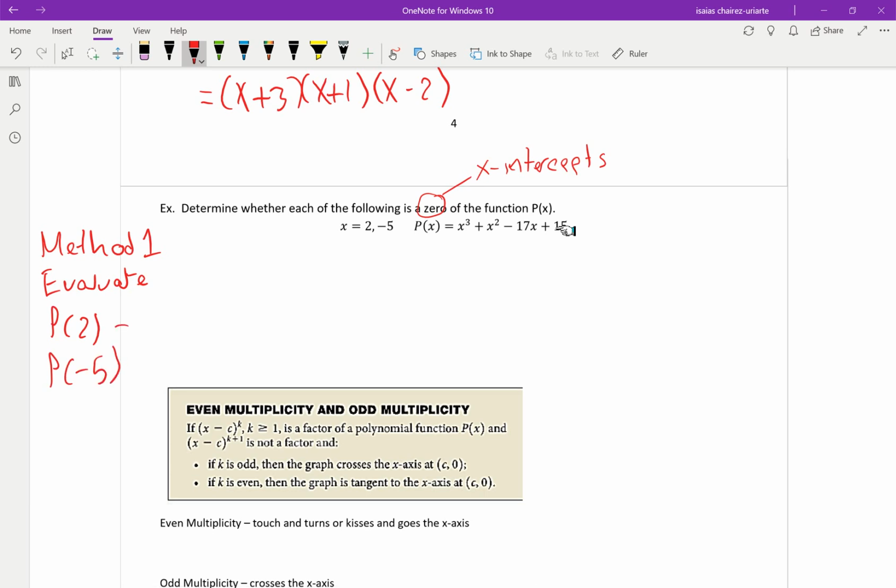If p of 2 happens to be equal to 0, then 2 is an x-intercept. If p of negative 5 happens to be equal to 0, then negative 5 is an x-intercept. I can do this by doing some arithmetic, replacing all of my x's with either 2 or negative 5, but I'm going to take advantage of my calculator here.